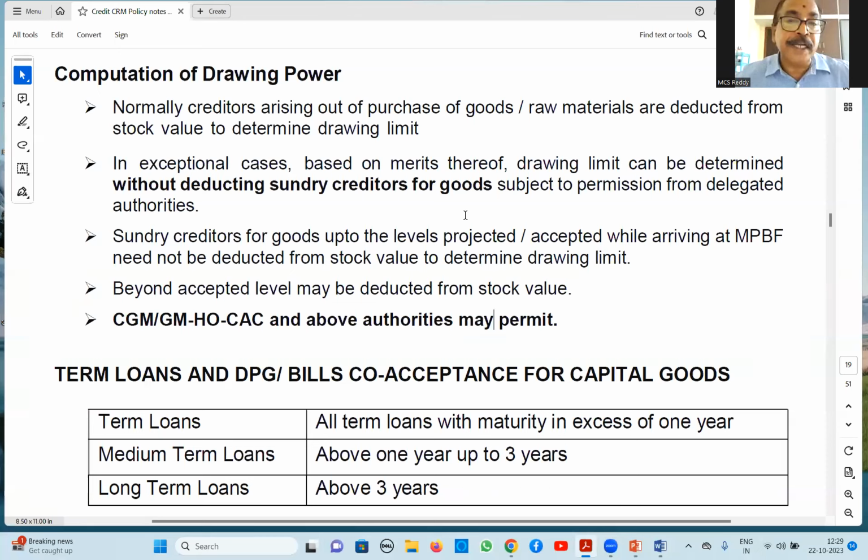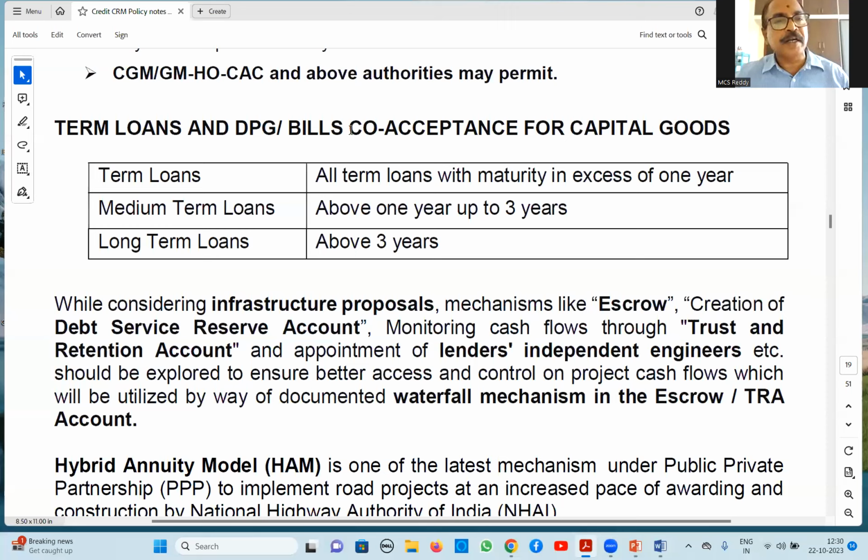Next, we go for term loans. Term loans, DPG, bills co-acceptance for capital goods, all are under term loans assessment. DPG means deferred payment guarantee. Earlier, somebody asked the abbreviation CRAR. CRAR means capital to risk weighted assets ratio.